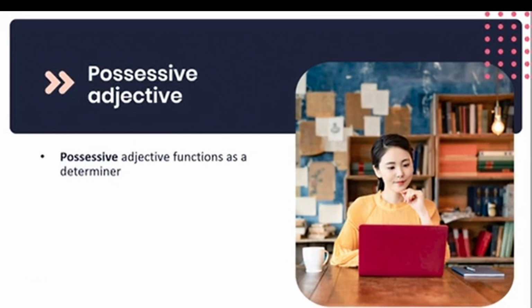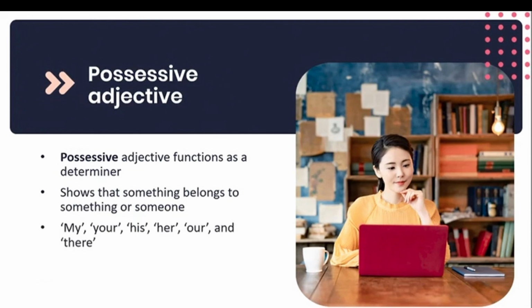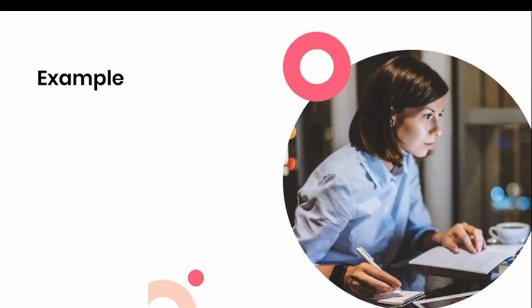A possessive adjective shows that something belongs to something or someone. Some possessive adjectives are my, your, his, her, our, and their. These words should not be confused with pronouns that we learned about earlier in this lesson.